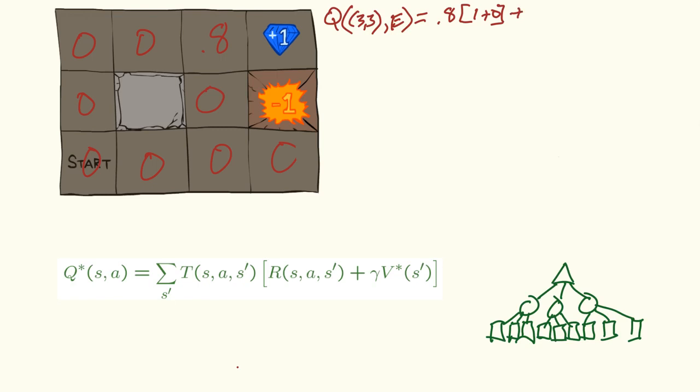And 10% of the time we end up going south and end up in 2, 3, and that is 0.1 times 0 plus 0. So this is exactly the same as before, but now 10% of the time we're trying to go east, we accidentally go north, and we land back in this square.